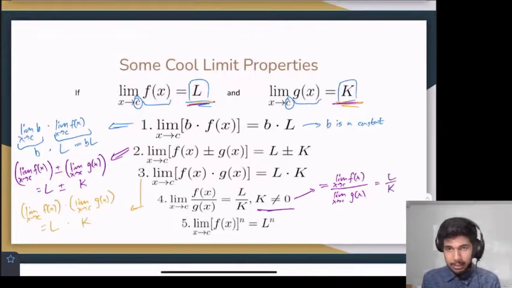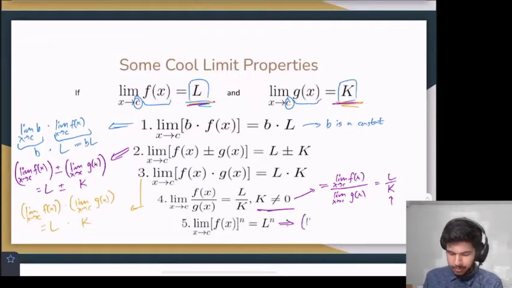And they say k cannot equal 0 because, well, if we have k equals 0 in the denominator, then the limit doesn't exist, because when you divide by 0, we get DNE. And lastly, the limit as x approaches c of f of x to the n equals L to the n. So that's just saying that this is equivalent to the limit as x approaches c of f of x, all of that to the n, so that's just equal to L to the n.